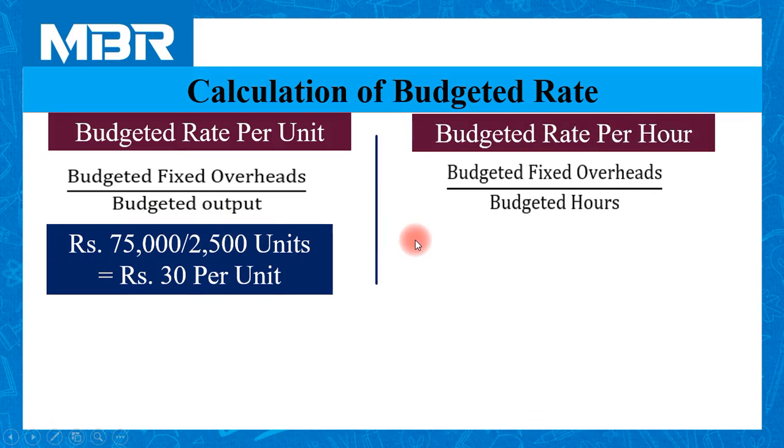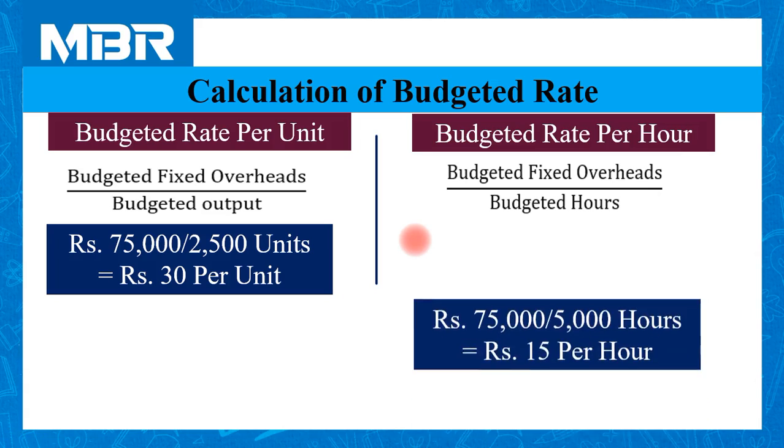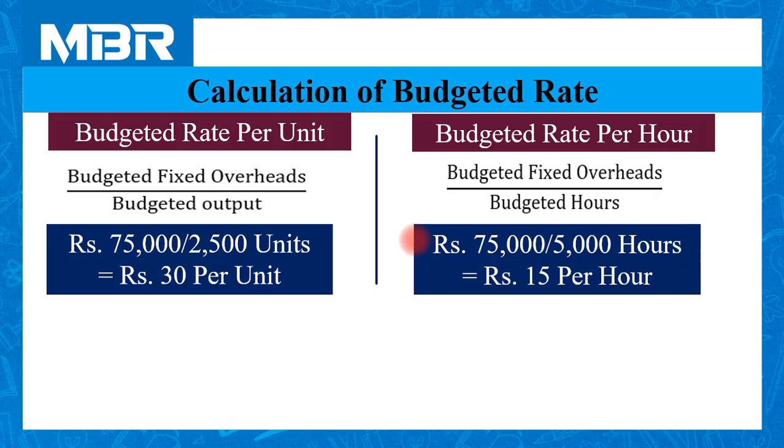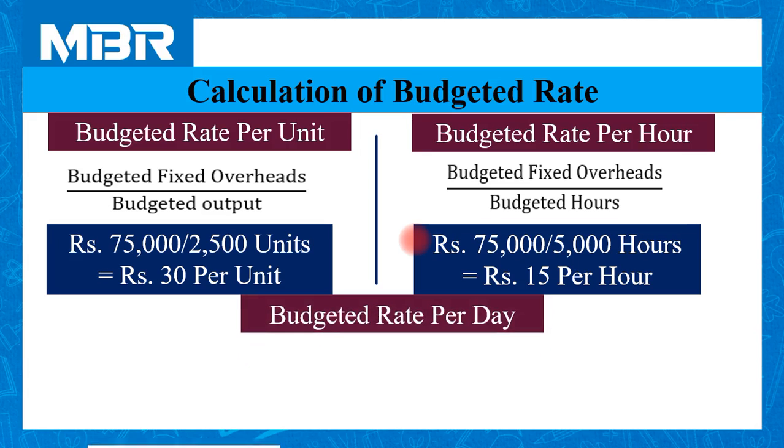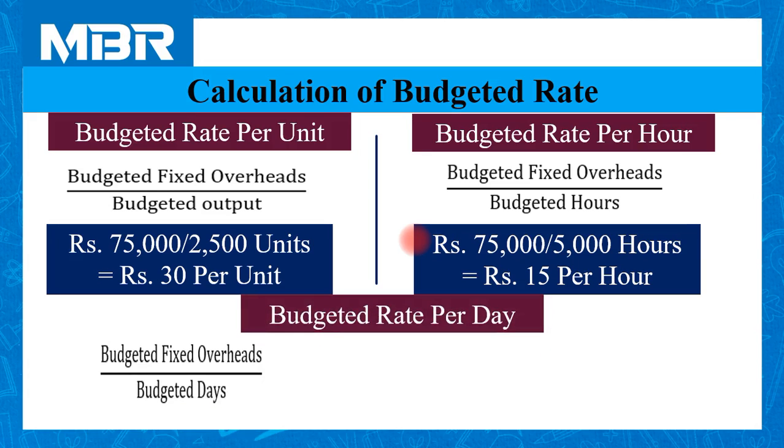Budgeted rate per hour: budgeted fixed overheads divided by budgeted hours. Simply refer to the question and insert the information in the formula. 75,000 divided by 5,000 hours. So rupees 50 per hour. And budgeted rate per day.